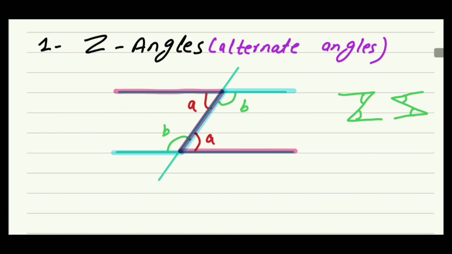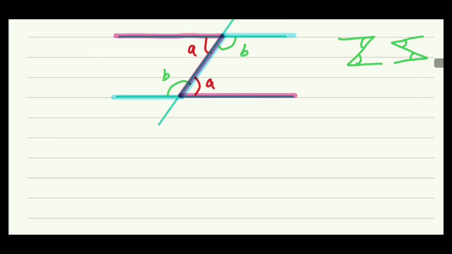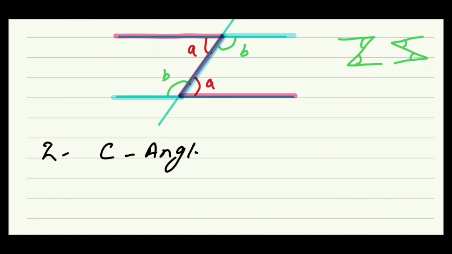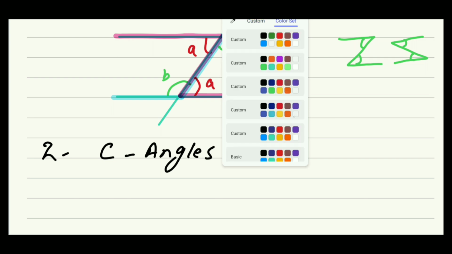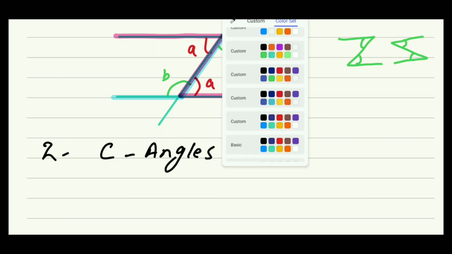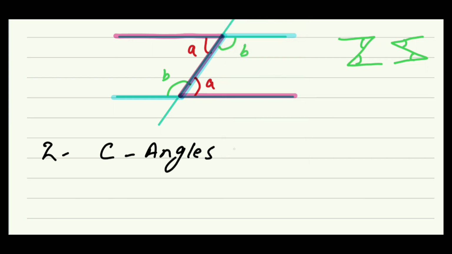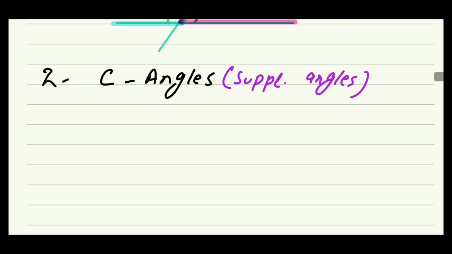The next property is of supplementary angles, and they make a C shape. What are supplementary angles?